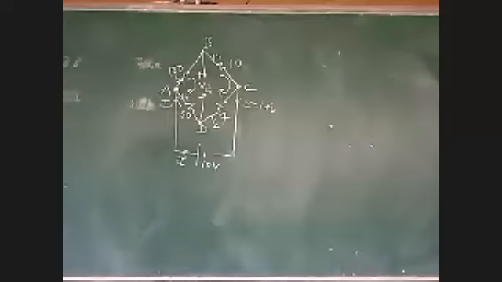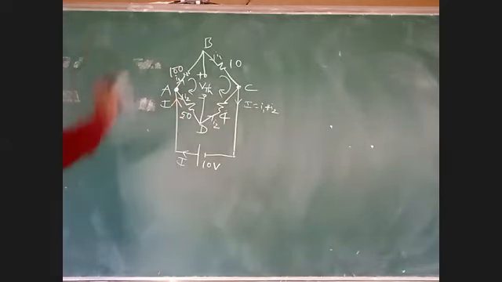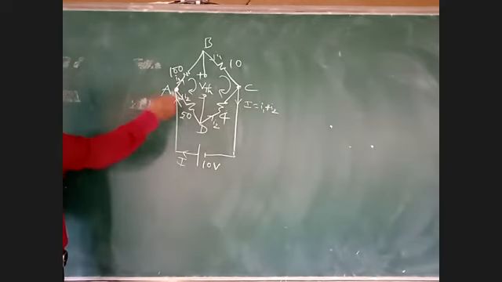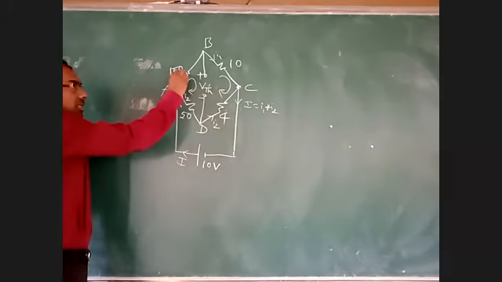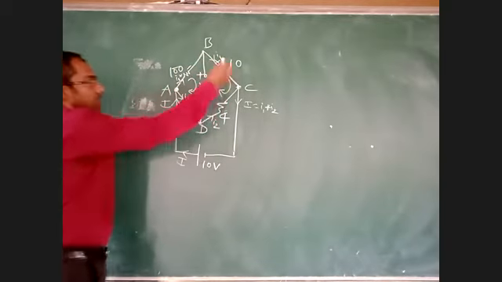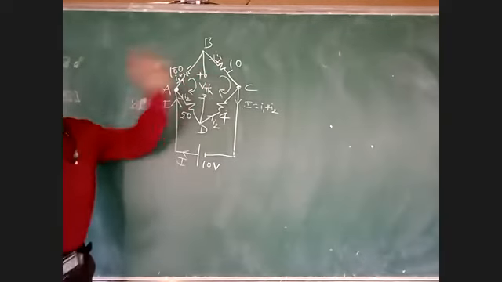Yes, sir. Now see here. In the direction of currents I1 and I2, I will take plus and minus. I am not taking them for reference directions, I am taking them only for I1 and I2. I1 is flowing like this, plus minus, plus minus.